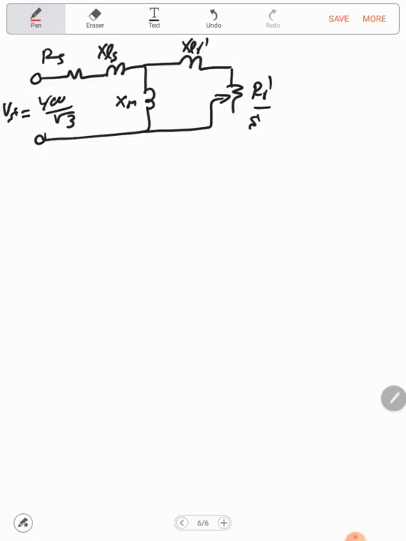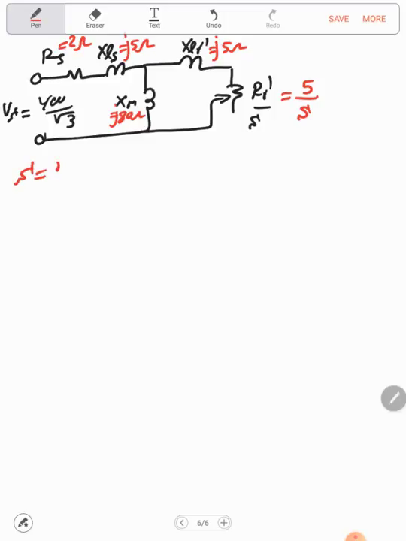We know that this equals 2 ohm, this equals j5 ohm, this equals j5 ohm, this equals j80 ohm, and this equals 5 over S. To calculate this resistance, we need to calculate the slip.